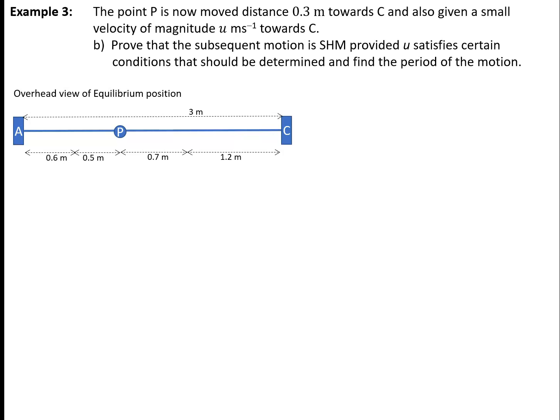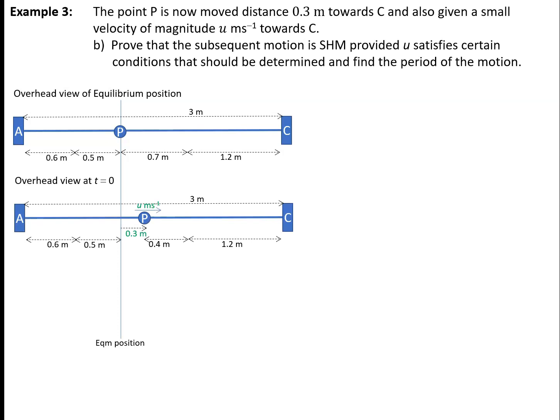We're going to now move the particle 0.3 meters towards C, and also give it a small velocity of magnitude u towards C. So here's the equilibrium position. Here's the diagram when t equals 0.